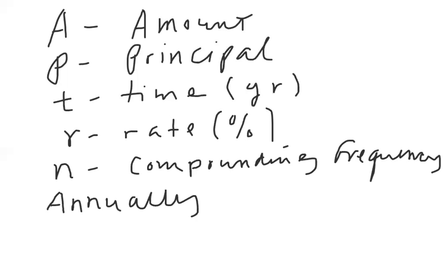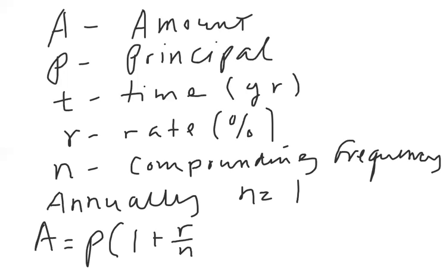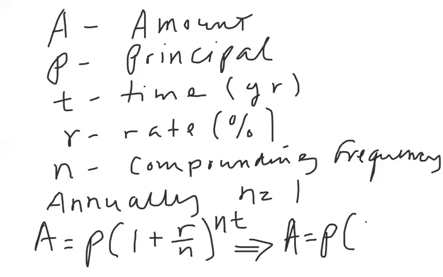If it's compounded annually, all the N values will be equal to 1. So guys, if you have this formula right here, A equals P times (1 plus r over n) to the nt power, n times t power, and you plug in 1 for every single n, the formula will simplify to A equals P times (1 plus r) to the t power.